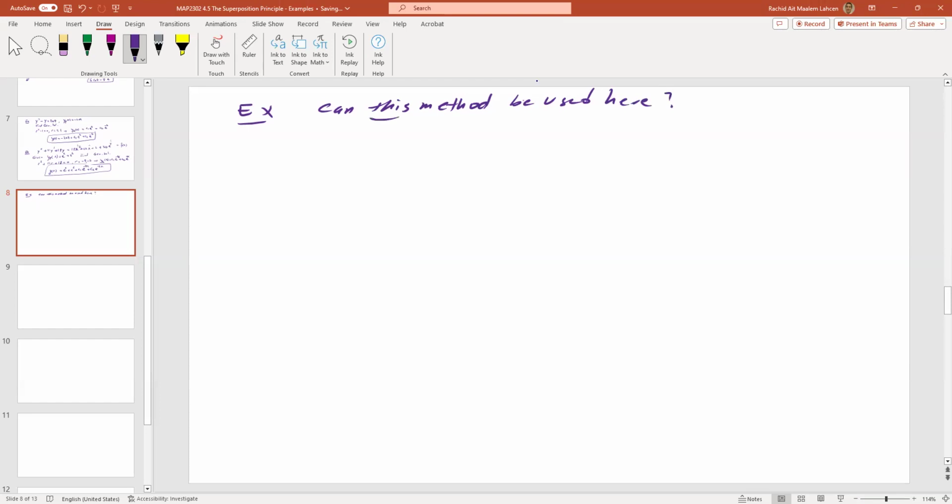And of course, this method stands for undetermined coefficients. We revisited it, and here we're just using the superposition principle to look at multiple parts. Can this method be used here? This is a similar question that was done in the past to make sure we're not attempting to use undetermined coefficients on a case that is not suitable for it. But this one is interesting. Let's look.